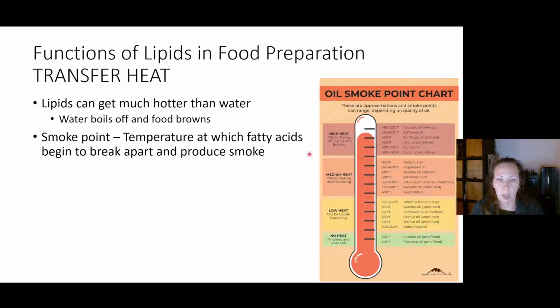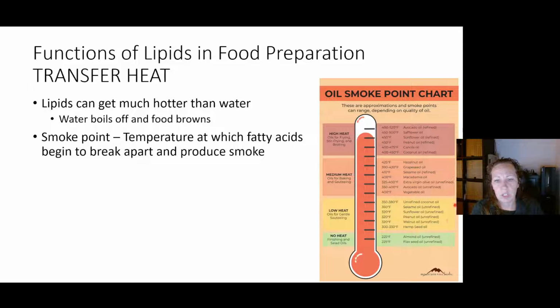Some oils are much better than others when being subjected to high heat. Avocado oil is a great lipid as far as being able to handle high heat. Refined avocado oil has a smoke point of 500 degrees, which is very high.